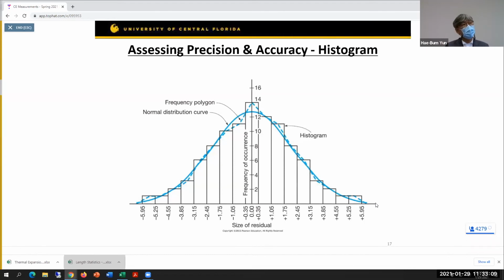So setting the number of bins is more like trial and error, okay? But the Sturges rule shows you what is a good value to start with. Make sense?